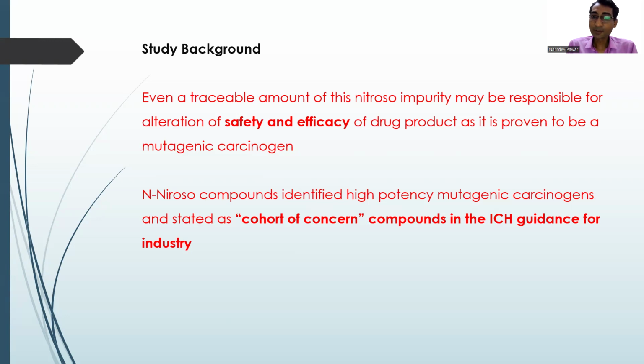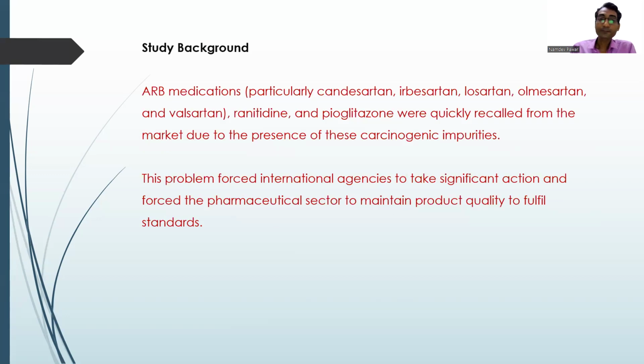So this traceable amount of nitrosamine impurity is responsible for alteration of safety and efficacy, and these compounds are known as cohort of concern given by the WHO IARC committee. As I said earlier, ARB medications like candesartan, olmesartan, irbesartan were recalled from the market due to the presence of this carcinogenic impurity.